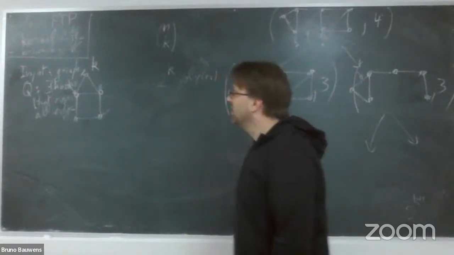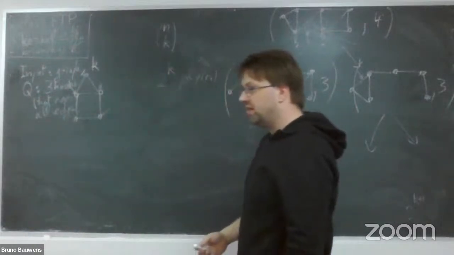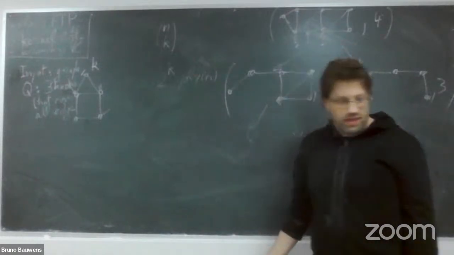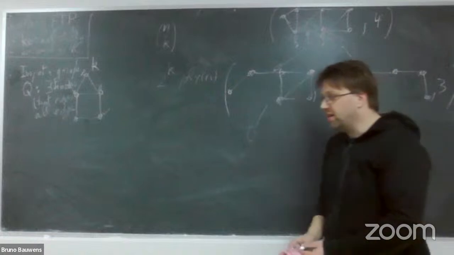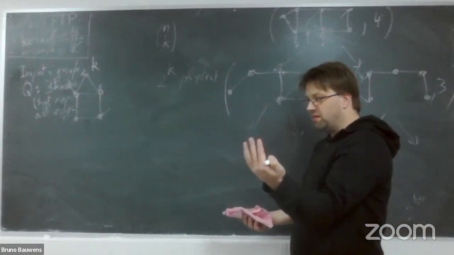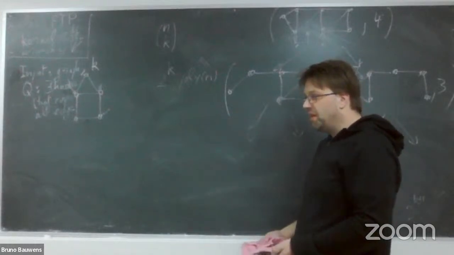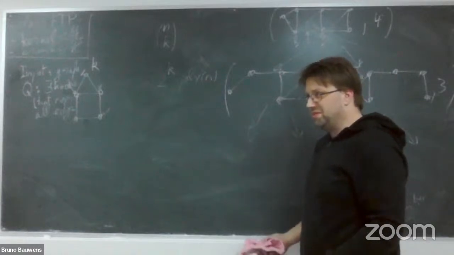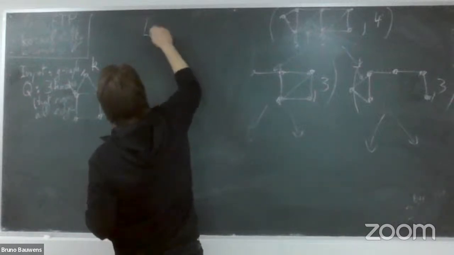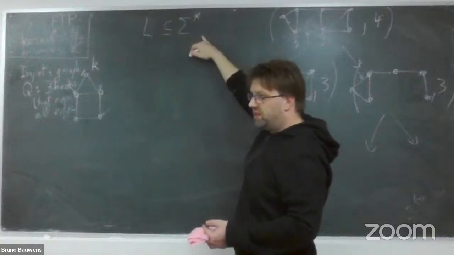So our first goal is to say what is the class FPT. First I need to say what is a parameterized problem. This is a problem where the input consists of two parts. One part we call the parameter, the other is just the rest of the input. Before we spoke about languages, so a language is a subset of strings over some alphabet.